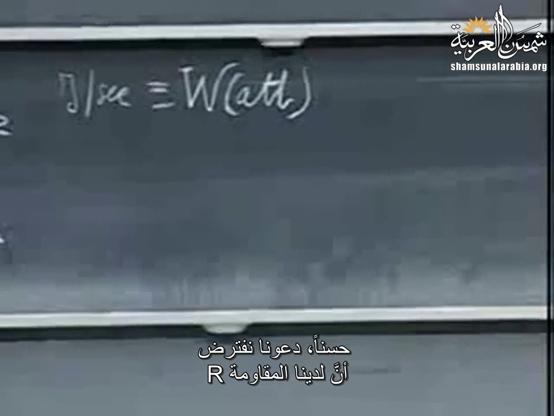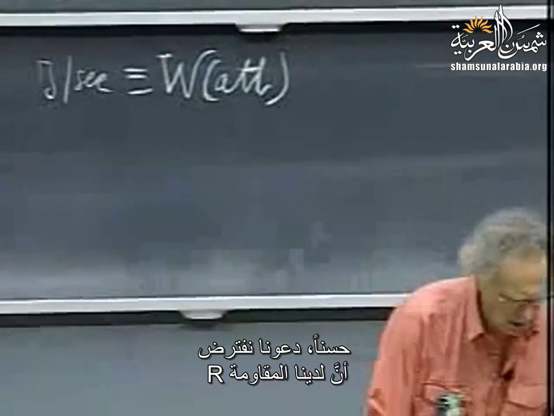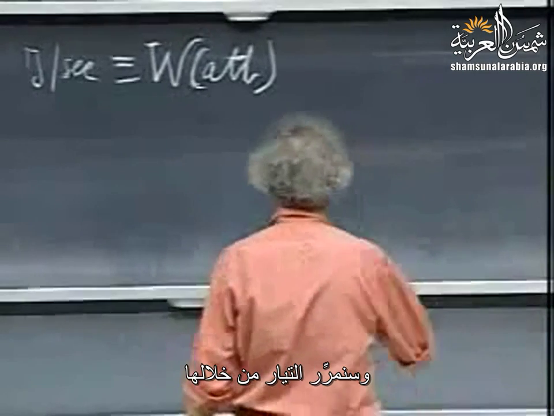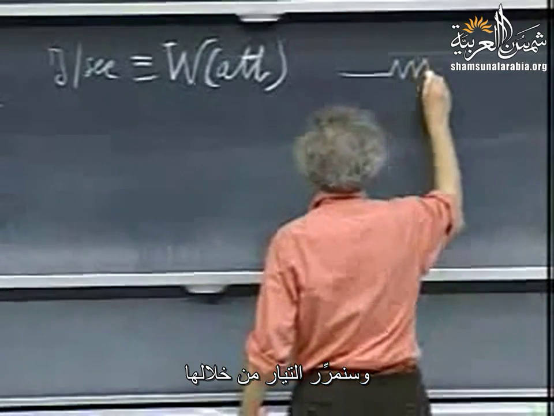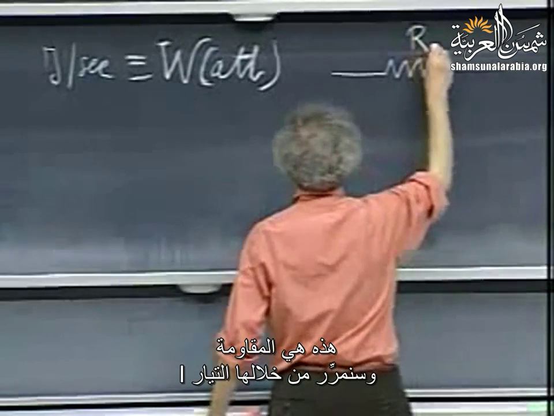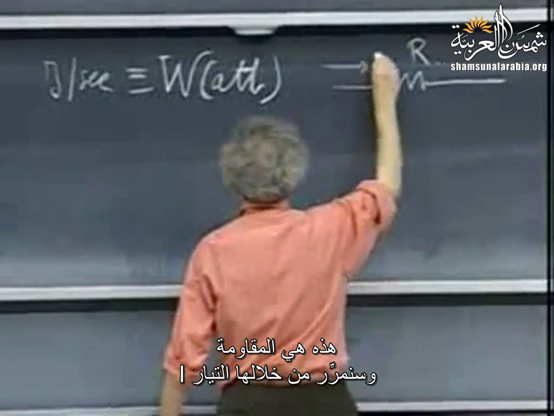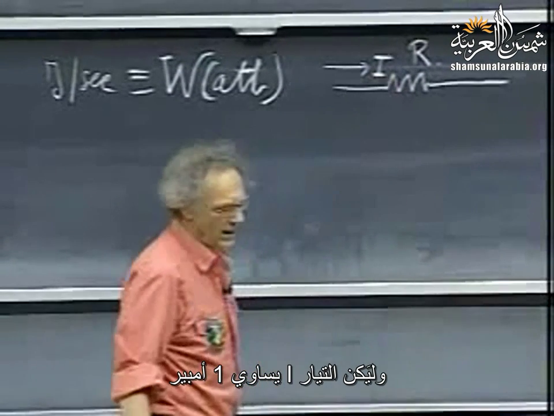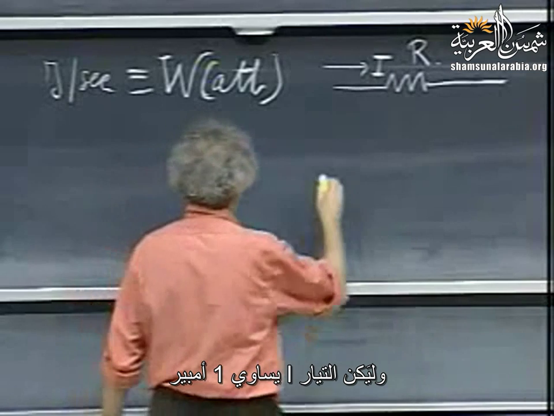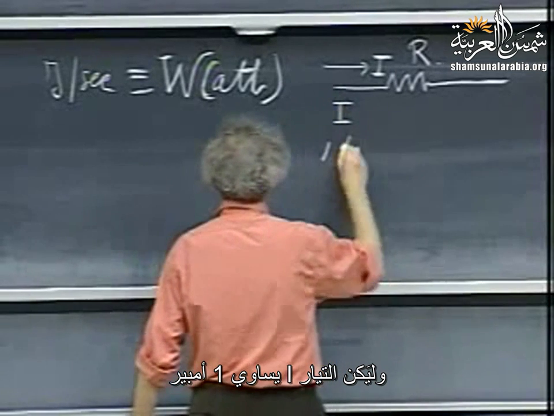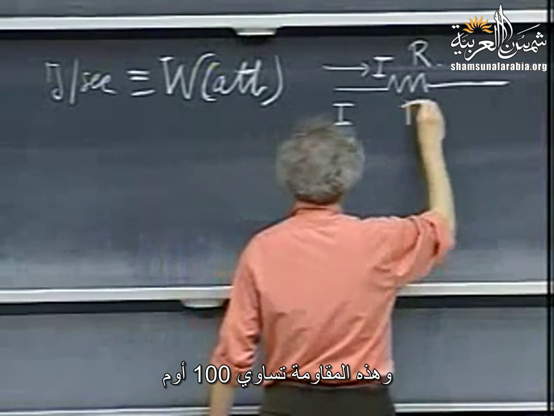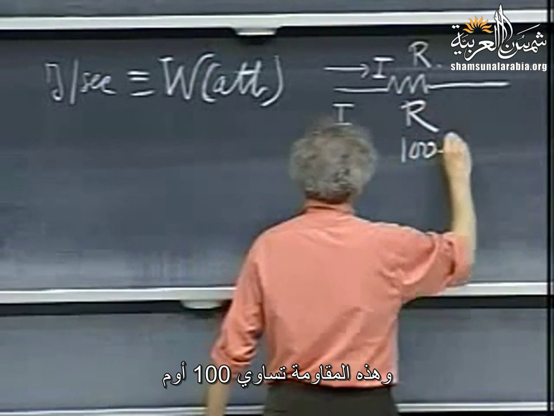So suppose we have a resistance R, and we run a current I through it. And let us take an example that the current I is 1 ampere, and that the resistance is 100 ohm.